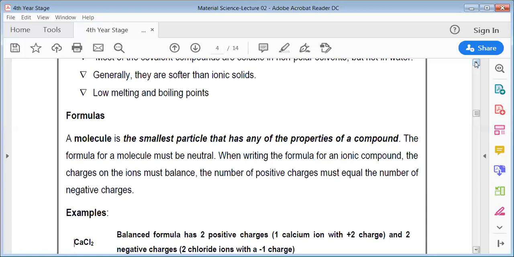When you write calcium chloride, which is CaCl2, one calcium has two positive charges and one chloride has one negative charge, and because there are two chlorides, you have two negative charges balancing one calcium, which has two positive charges.